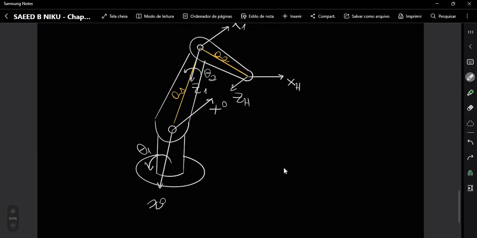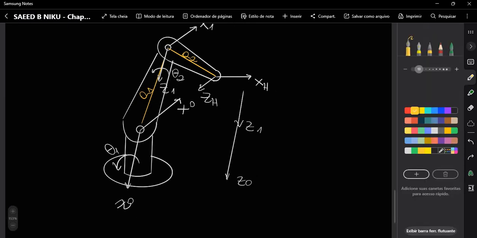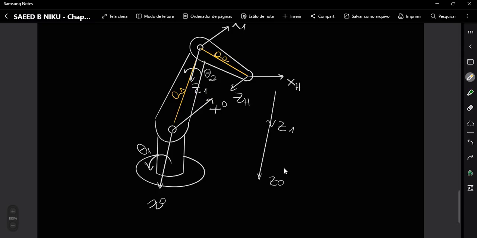If you can notice right here, z1 and z0, so z0 pointing to here, and z1 on the same plane is right here. Let me change the color. Z1 is right here, its axis is right here, and Z0 is right here.